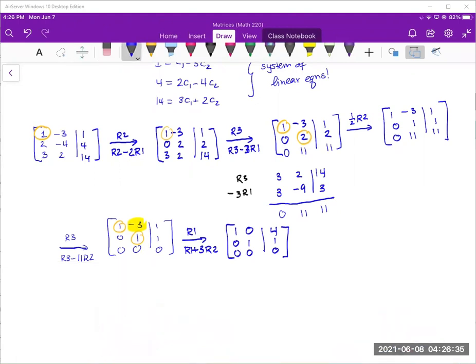Okay, and now we're ready to interpret our results. We can read this off as a set of three equations. c1 equals 4, c2 equals 1, and 0 equals 0. So v can be written as 4 times v1 plus 1 times v2.